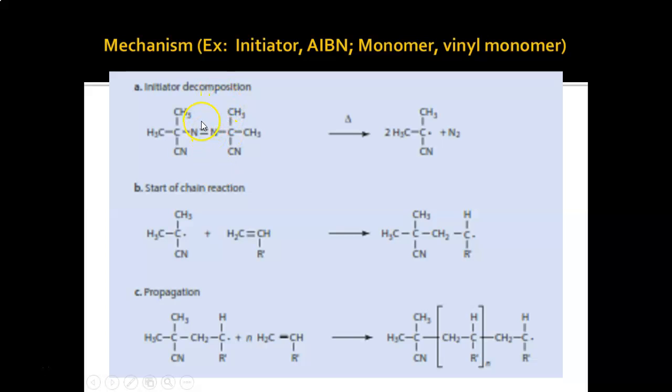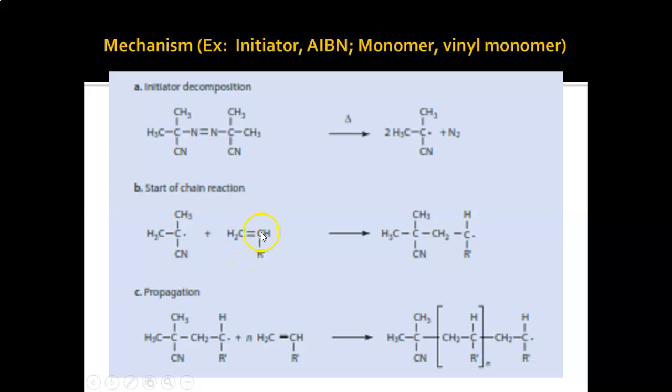The bond breaks between the N structure, so we produce two CH3, CCN, CH3 radicals together with nitrogen. Leaving the nitrogen aside, you just take the structure with the radical, which will react with the vinyl monomer.